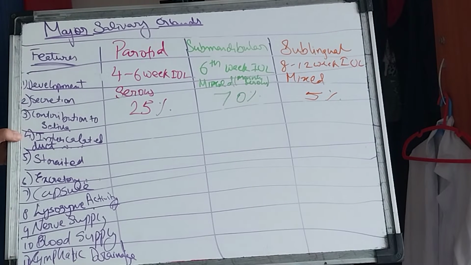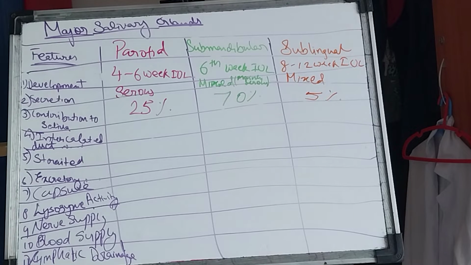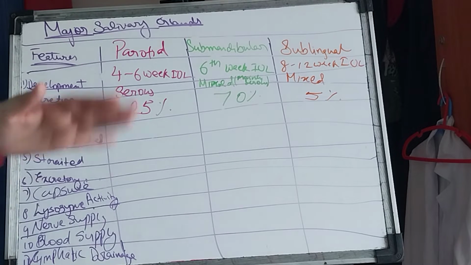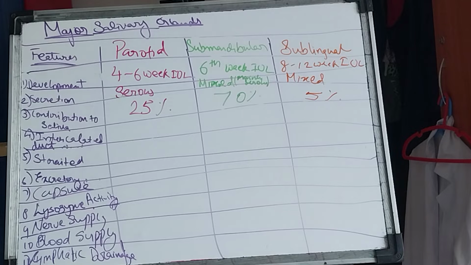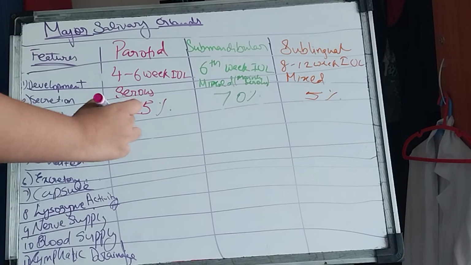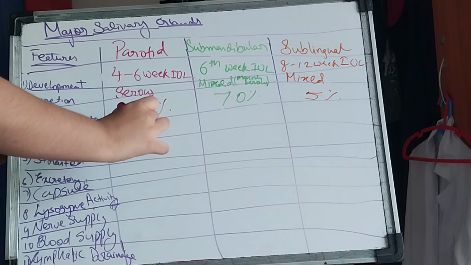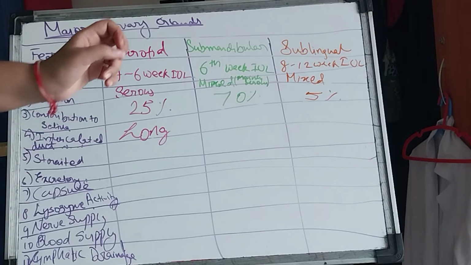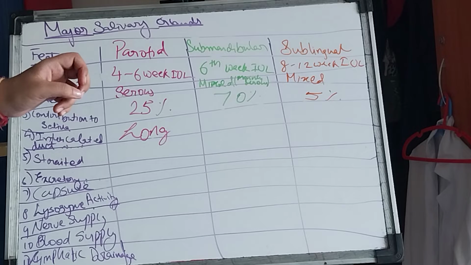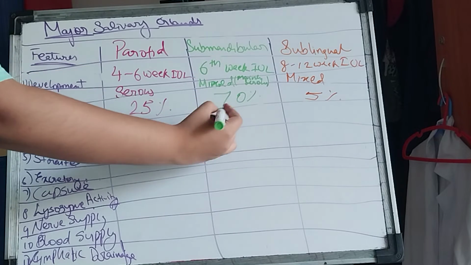We will be discussing a separate video on the ducts. Intercalated ducts, striated, excretory ducts: these are the 3 types of ducts that a gland has. The intercalated duct in the parotid gland is long. And for the submandibular gland, it is wide and long.